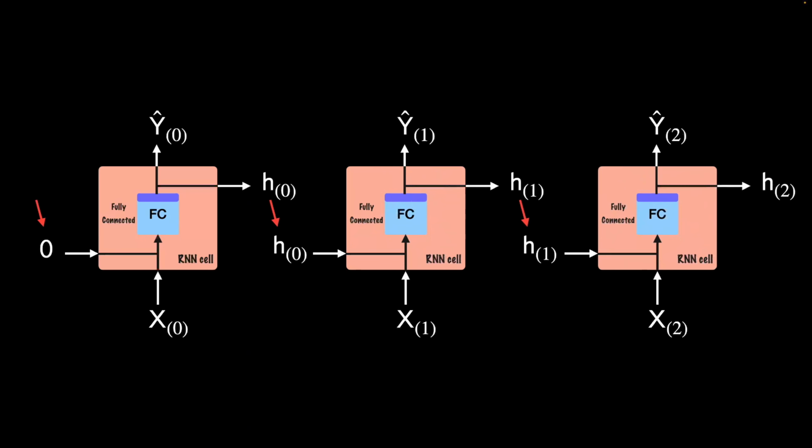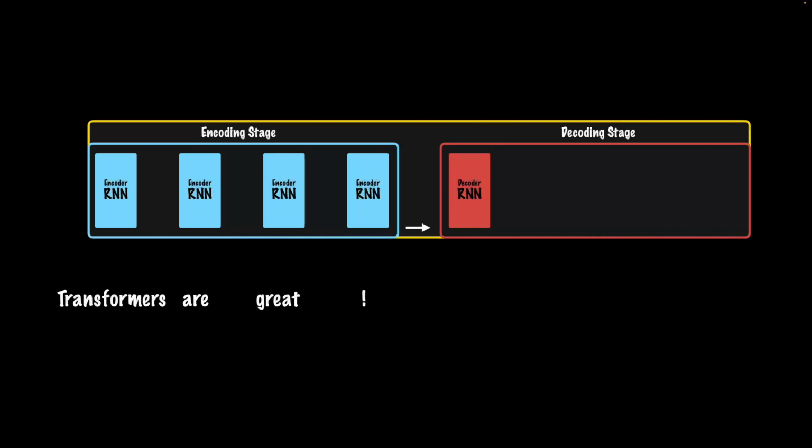Let's now take the concrete example of translating the English sentence "Transformers are great" to German "Transformers sind großartig" and see how RNN fits into machine translation. Like you have already seen, we have an encoder and decoder, each with 4 RNN cells. At step 0, the RNN takes this input, which is "transformers", processes it and spits out a zeroth hidden state.